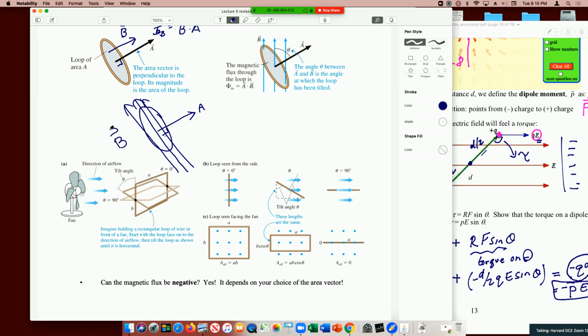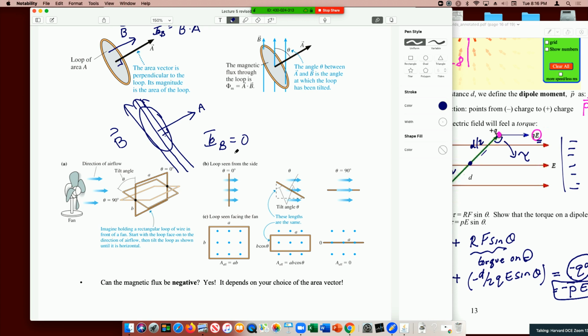What would be the magnetic flux? 0. Because you would have 90 degrees, cosine of 90 is 0, so there'd be no magnetic flux. There has to be some component of the magnetic field that is going in the same direction as the area vector in order for you to have flux.